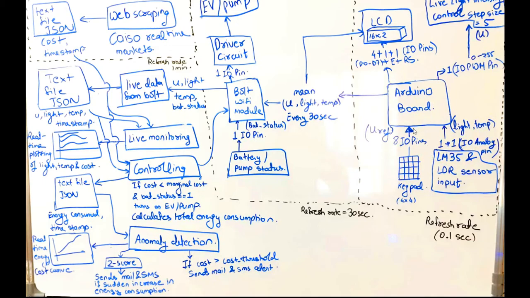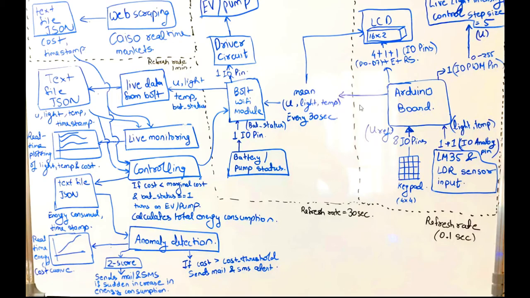Every 0.1 second it takes a sensor value, shows it on the LCD display, and controls the light intensity of the room. So this thing can be done at any time. It's not limited by its refresh rate.